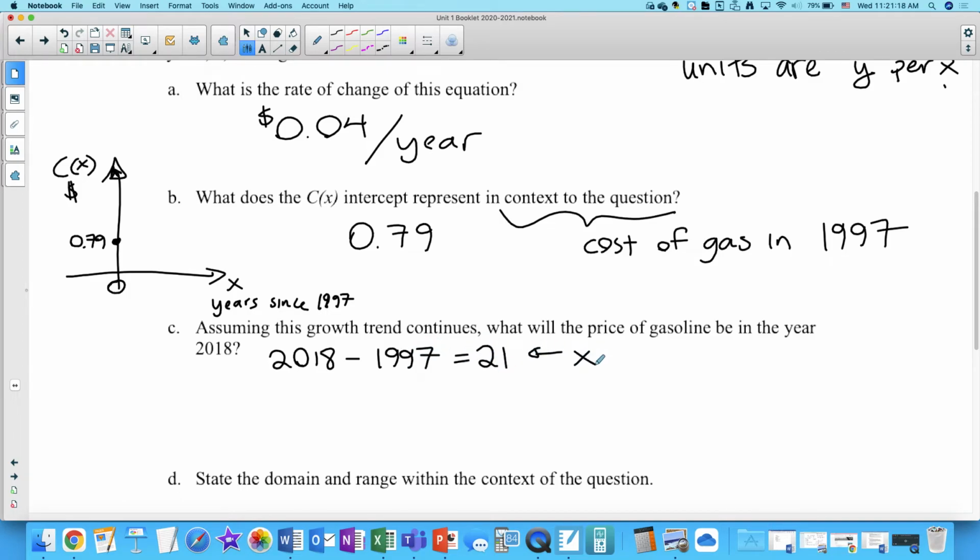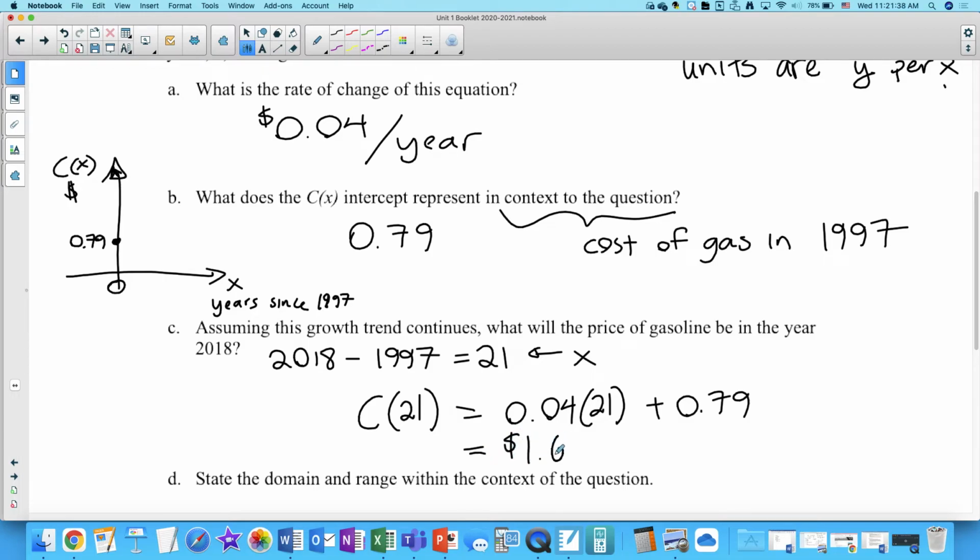So what we're looking for here is C of 21, which is 0.04 times 21 plus 0.79. And that is, I think, $1.63. This is probably not in Alberta, somewhere else.